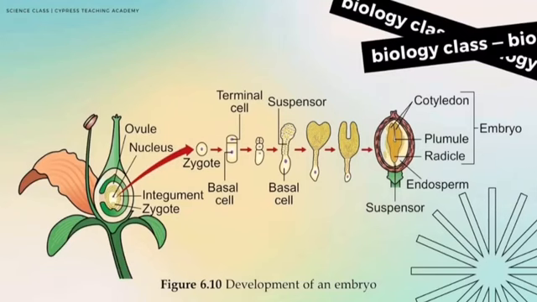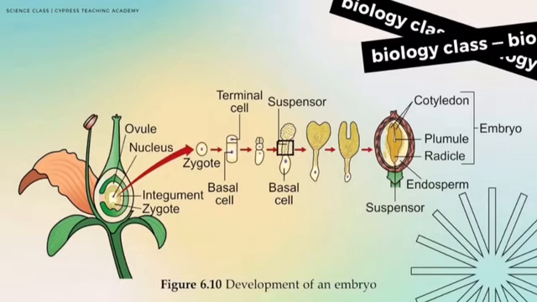As you can see, this is the picture of the development of an embryo in plants. This is the zygote, and then the zygote will divide by mitosis into two cells, which are a larger cell and a smaller cell. After that, the larger cell develops into a suspensor, which is located at the middle.